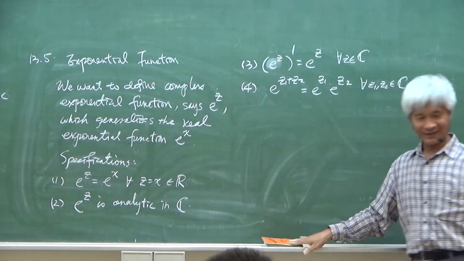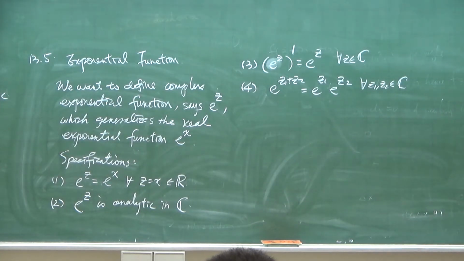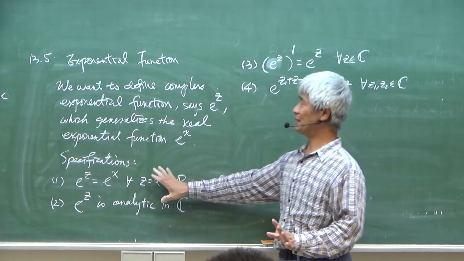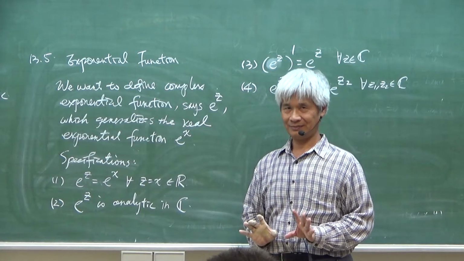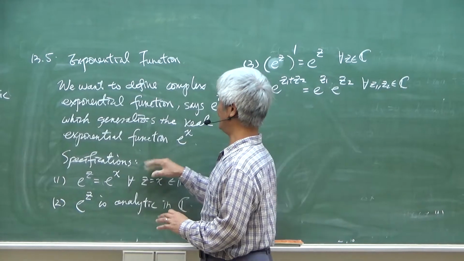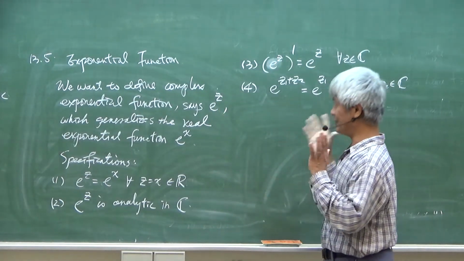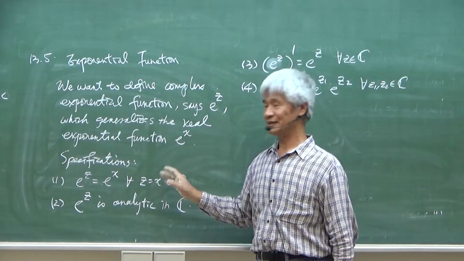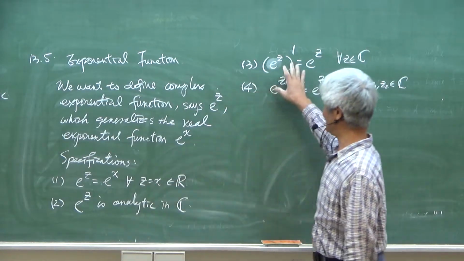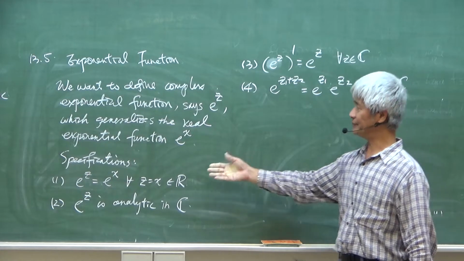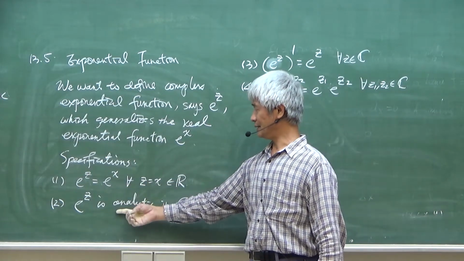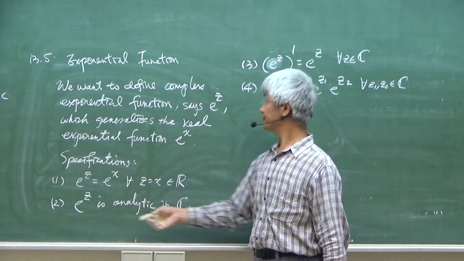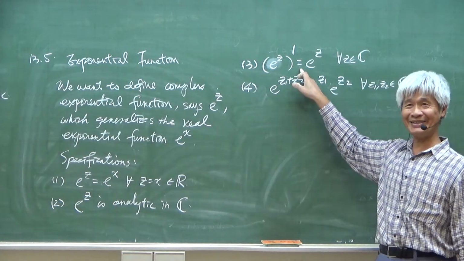I will continue on Thursday. According to some reasonable specifications, we want to know the definite formula for the complex exponential function. I think these specifications are quite reasonable: the extension, we ask that it is analytic, and we want this one.